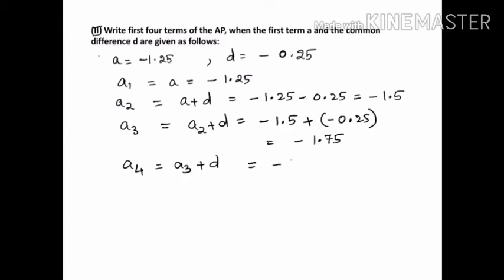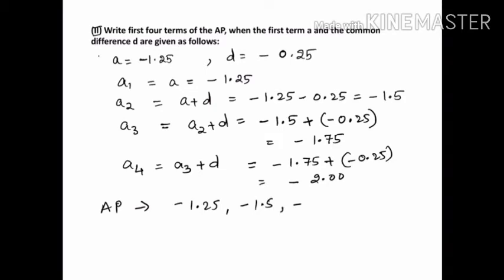So we get minus 1.75 plus minus 0.25, that is equal to minus 2.00. So we have got 4 terms of this AP, and that is given by minus 1.25, minus 1.5, minus 1.75, minus 2.00.